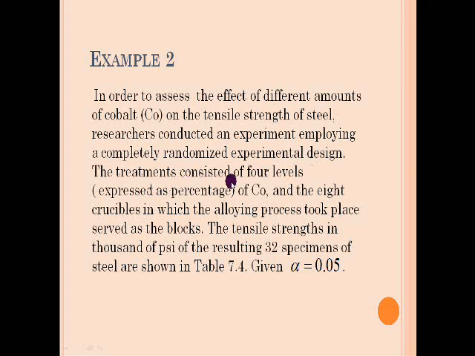The treatments consisted of 4 levels, expressed as percentage of cobalt, and the 8 crucibles in which the alloying process took place served as the blocks. The tensile strengths in the thousands of psi of the resulting 32 specimens of steel are shown in table 7.4, given the alpha is equal to 0.05.